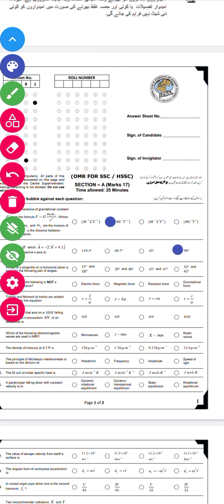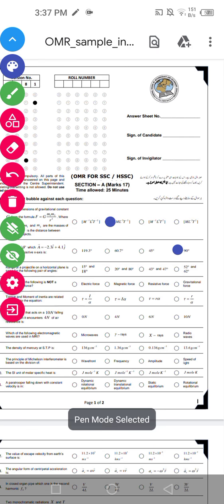Neither it is out of circle nor very light. So you have to fill very carefully. So for example, the correct option for these MCQs are these A, B, C, D, or anyone. So we have to fill this accordingly. Hopefully you understand.